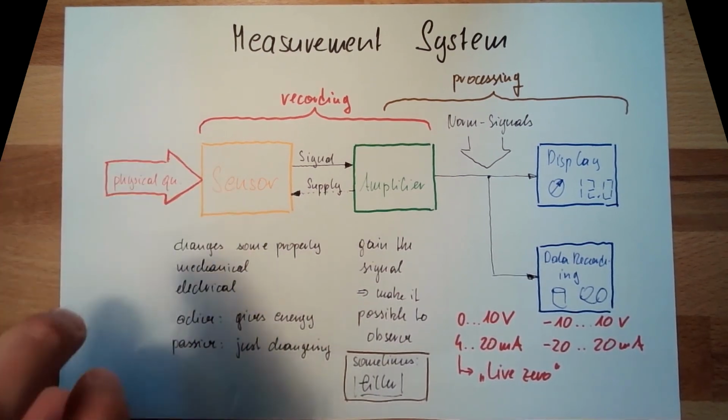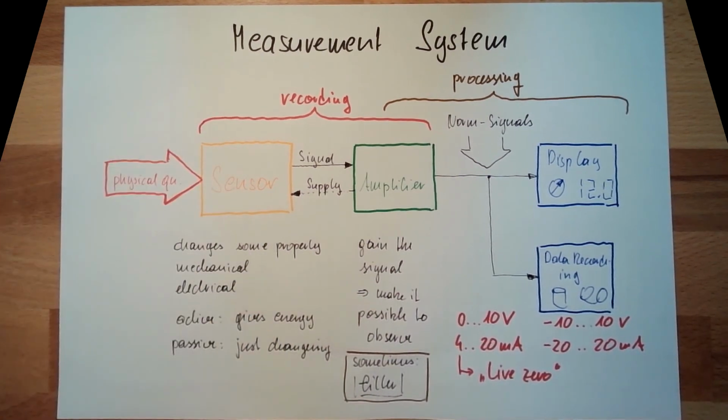The physical quantity is always some number, and of course there's not only the number, there is also the so-called unit. And what this is about with the units and so on, we will cover in the next video. Okay? For this video, it's just the structure of the measurement system.